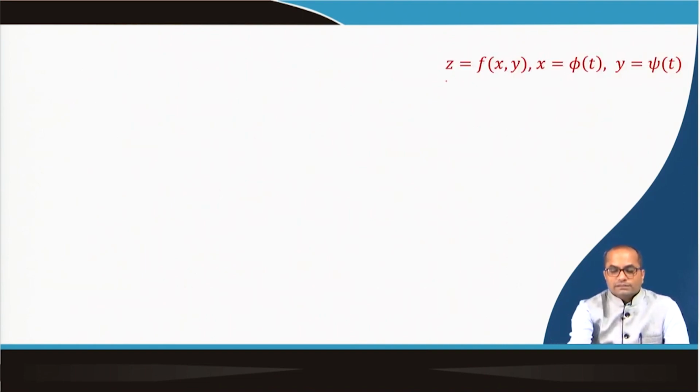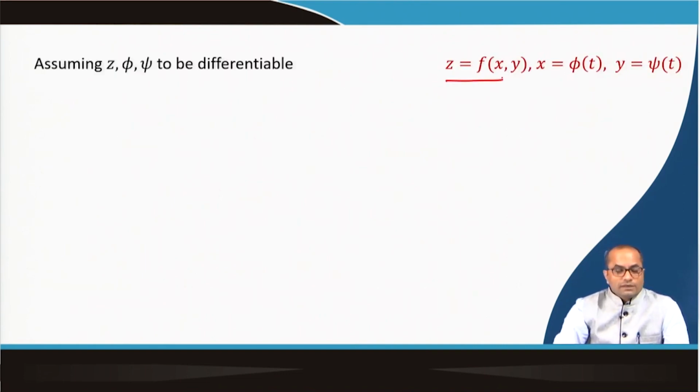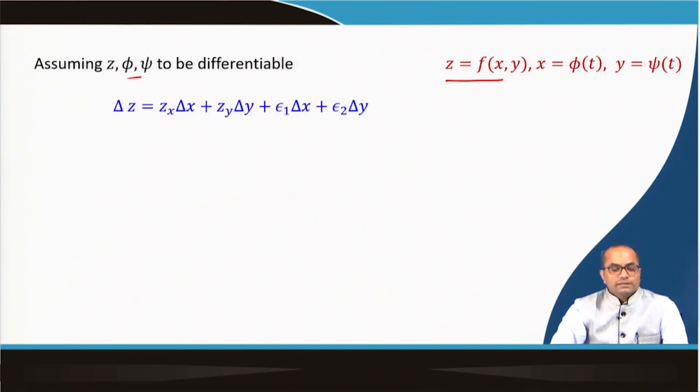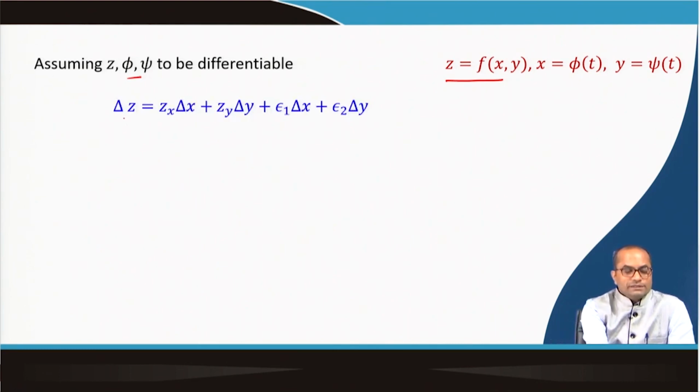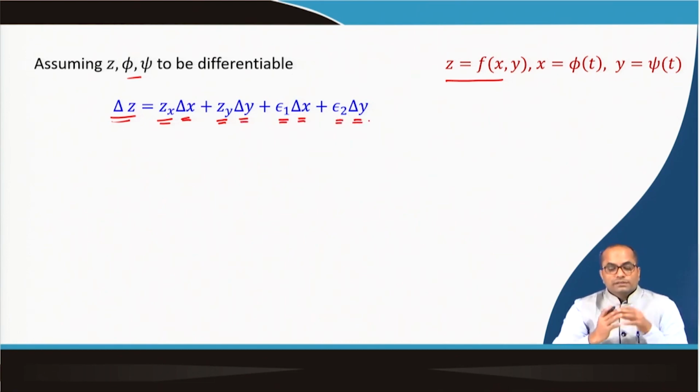So, having this composite function, we assume that these are differentiable already, z, phi and psi. So, with that differentiability, since z is differentiable, we can write down delta z as z_x delta x plus z_y delta y. This is the definition of differentiability which we have learned in the previous lecture.